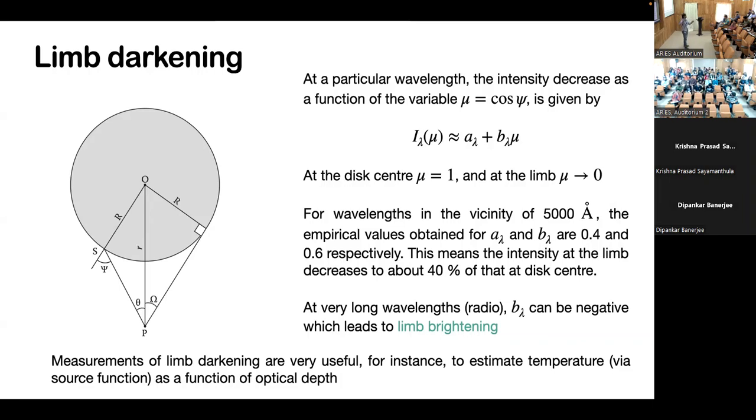When you are measuring intensity as a function of height, the decrease of intensity is mainly because of temperature. So using that relation, and of course other radiative transfer relations, you can infer the plasma temperature as a function of height. This is a useful aspect of limb darkening, from where you can measure the temperature as a function of optical depth.